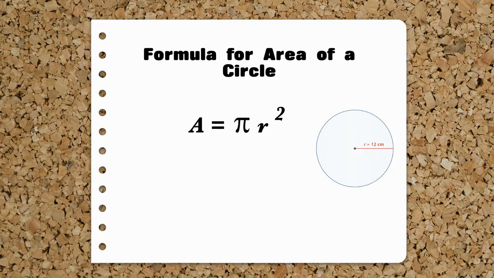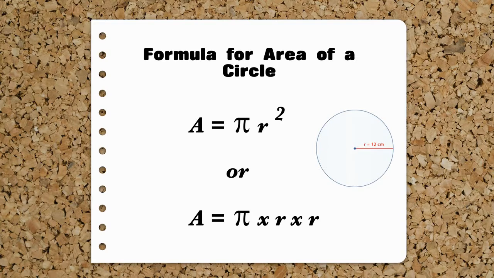The value of pi as a decimal is 3.14, or as a fraction, it is 22/7. So, the area of a circle is equal to pi r squared, or pi times r times r.